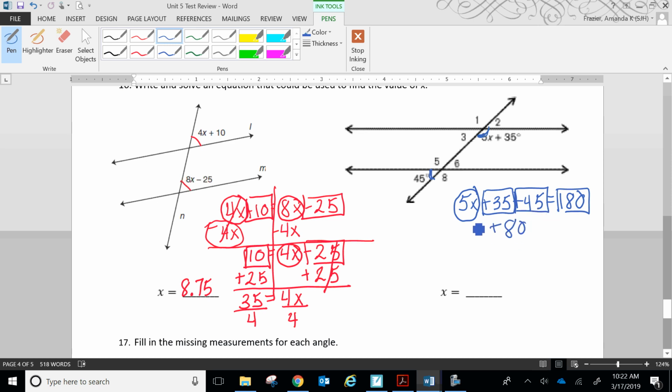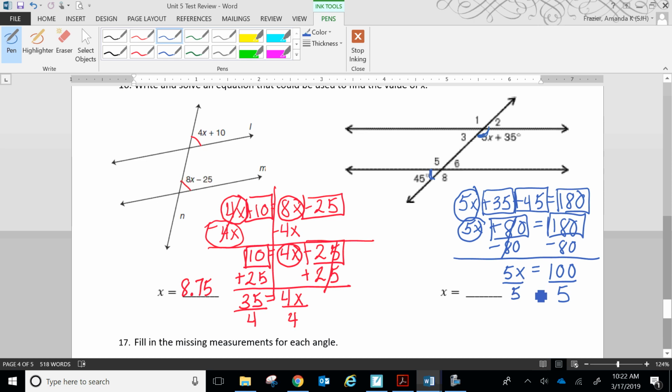So I'm going to put those together. I'm going to circle and box again. I need to get x by itself, so I'm going to subtract 80. I'm left with 5x equals 100. And then I'm going to divide by 5. So that means x equals 20.